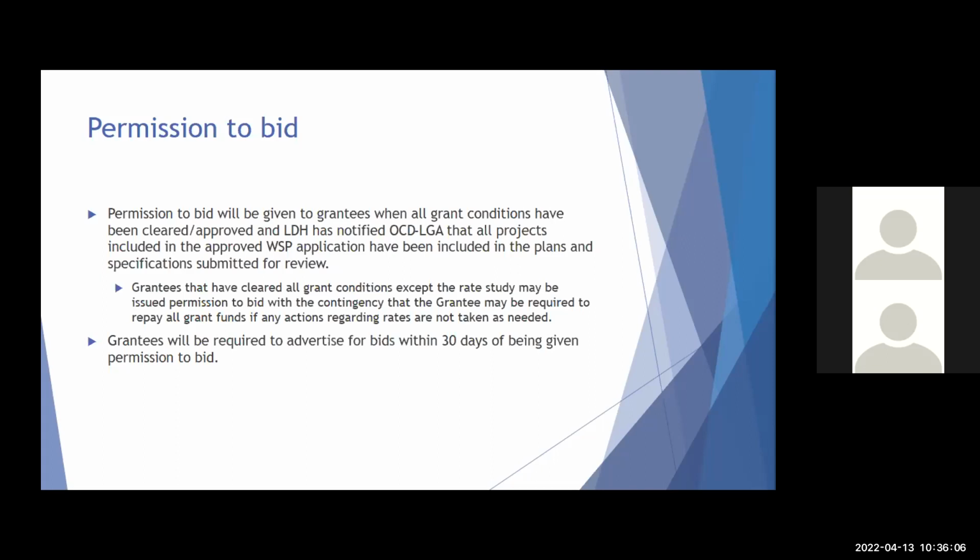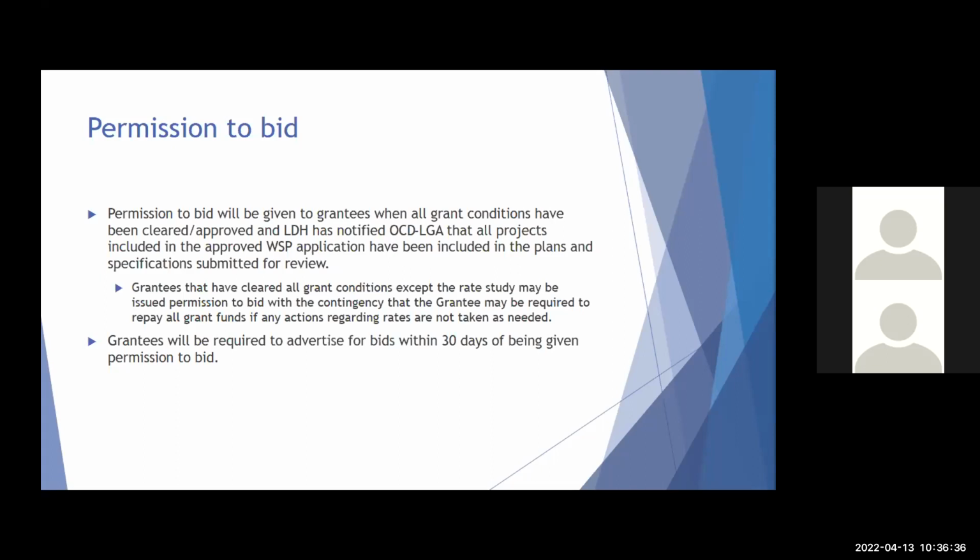If you have met all of the grant conditions, with the exception that the rate study hasn't been completed yet, then we can consider making an exception and let you go ahead and move so that the project can be put out and get under construction. We will offer that as a contingency, so you understand you still must complete the rate study and adjust rates if it is necessary.